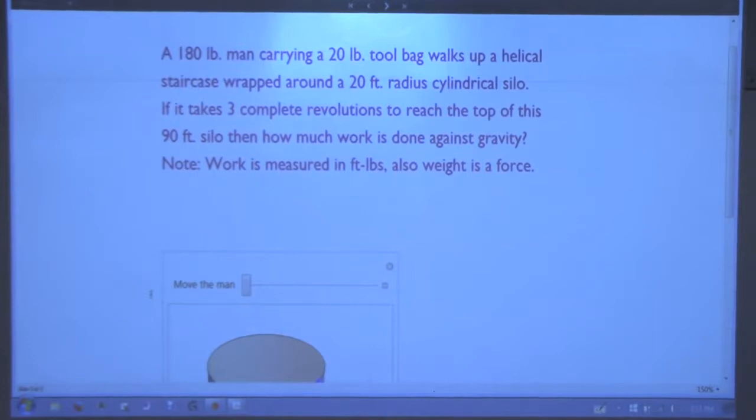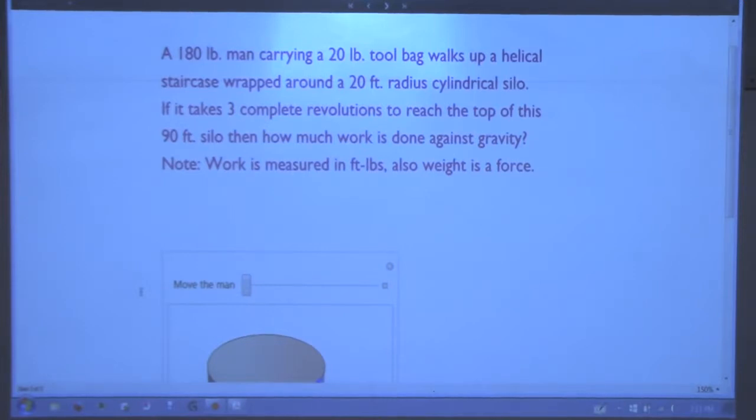If it takes 3 complete revolutions to reach the top of this 90-foot silo, then how much work is done against gravity? Note, work is measured in foot-pounds. Also, weight is a force. Your weight on a planet is a force. I hope you've learned that your mass is independent of... Everyone okay with the idea that weight is force?